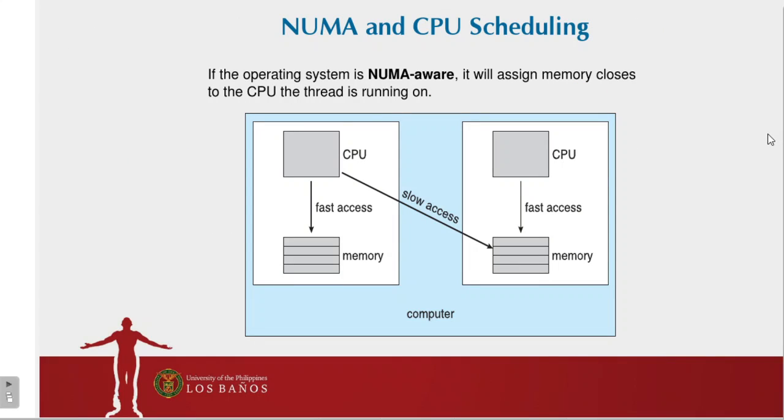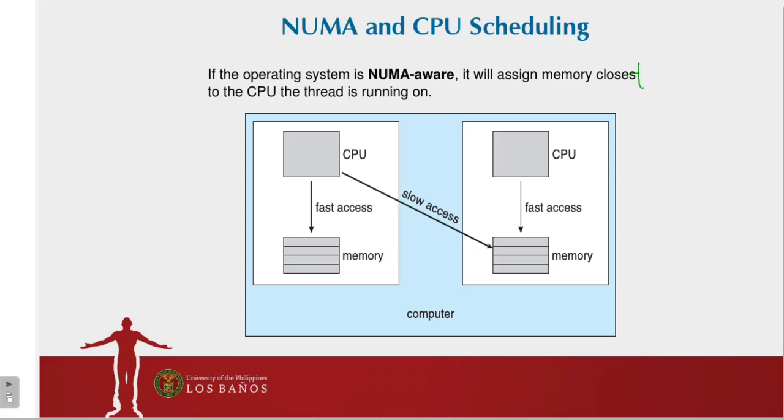So, non-uniform memory access. If the operating system is NUMA aware, it will assign memory closest to the CPU the thread is running on. If we look at the CPU specs, you can see here the nodes that are NUMA.